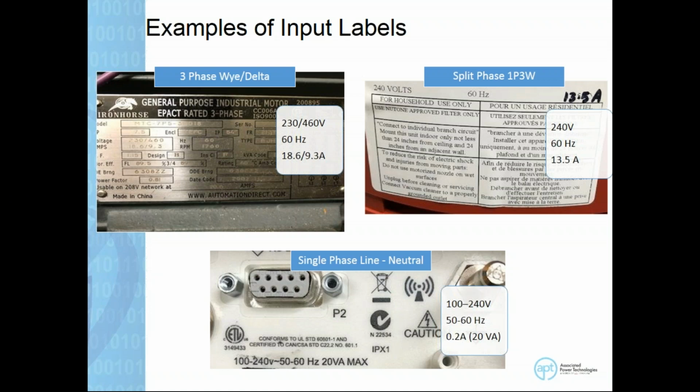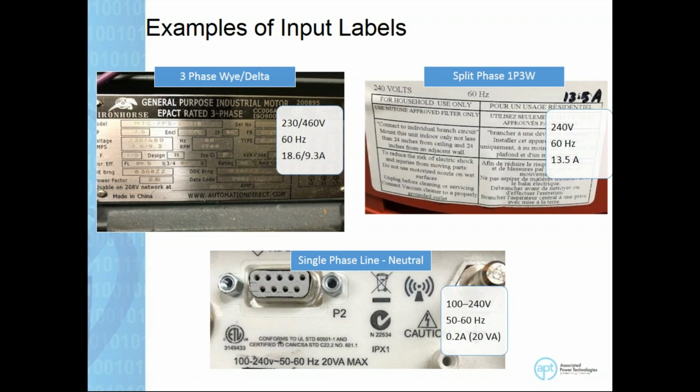The example below is for a single phase line neutral connection. Again, single phase, which is line neutral. This product is a medical device. It'll show at the bottom the voltage range for this product is from 100 volts to 240 volts. So this product is able to handle any voltage you provide between 100 and 240 volts, and it's able to power on.